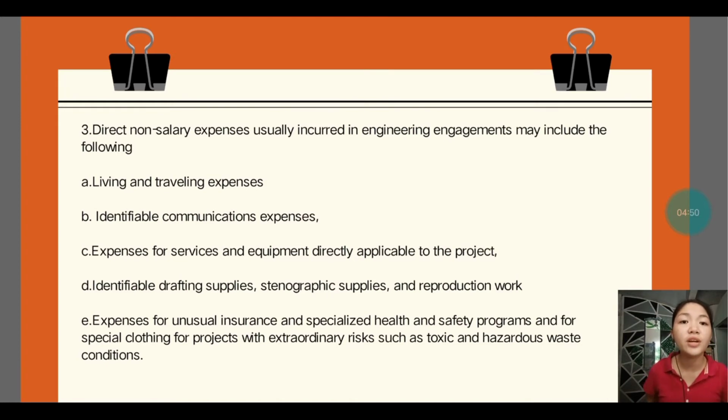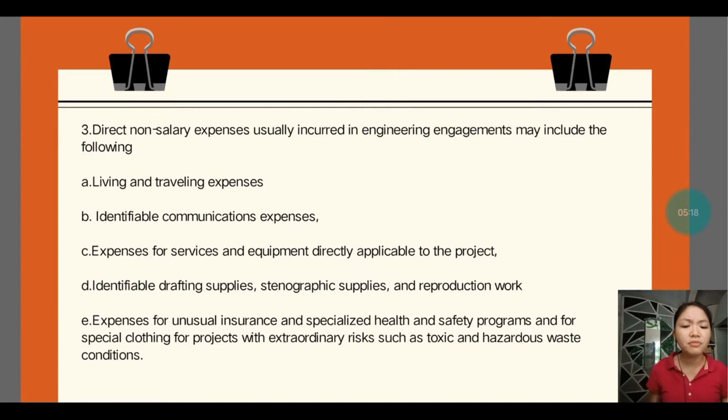Letter A, living and traveling expenses of the principals and the employees when away from the home office or sa kanilang workplace or sa kanilang project, yung malayong bahay nila papunta sa kanilang project. And then, letter B, identifiable communication expenses.